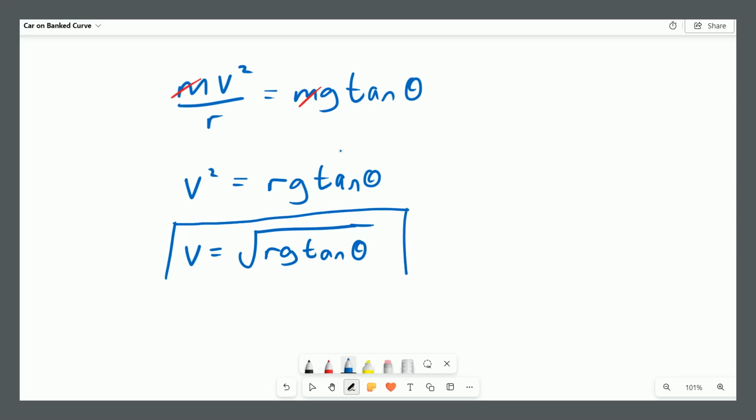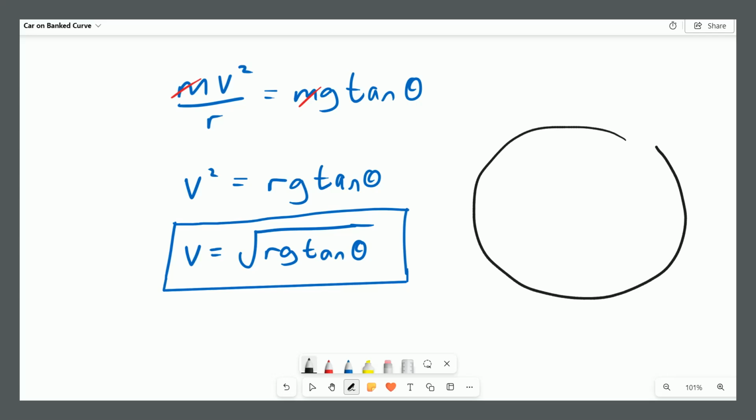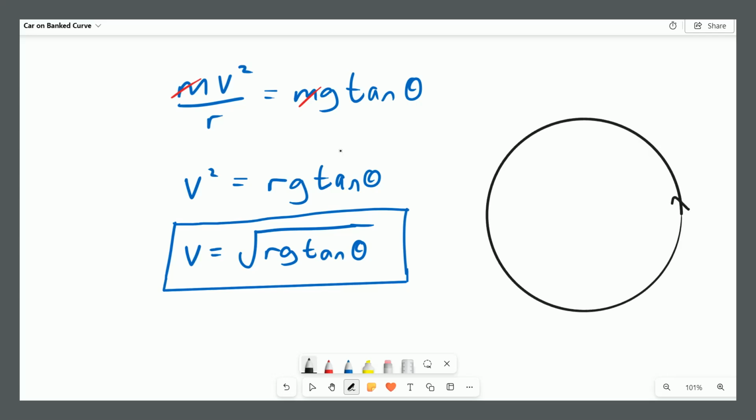Okay? So, the first thing we notice is that the higher r is, the higher our maximum velocity is. Well, that makes sense, right? Because a larger r means you have a larger radius, so it's not as sharp of a turn, so your maximum velocity can be higher. A smaller r means you have a smaller radius, which means you have a sharper turn, so your velocity cannot be as high.